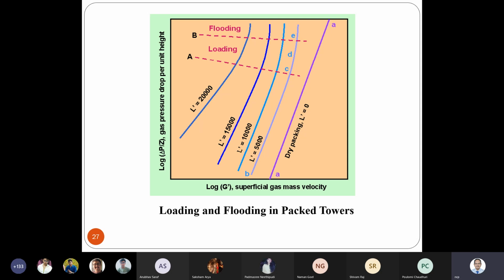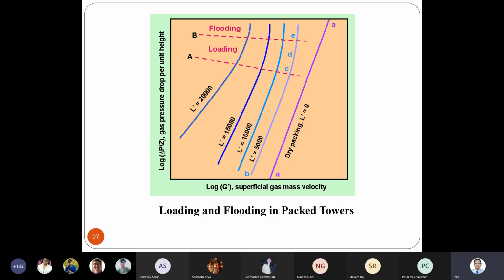Now, when this packing is irrigated with liquid, the slope of the pressure drop line changes. With increased liquid rate, you can see the slope becomes steeper.